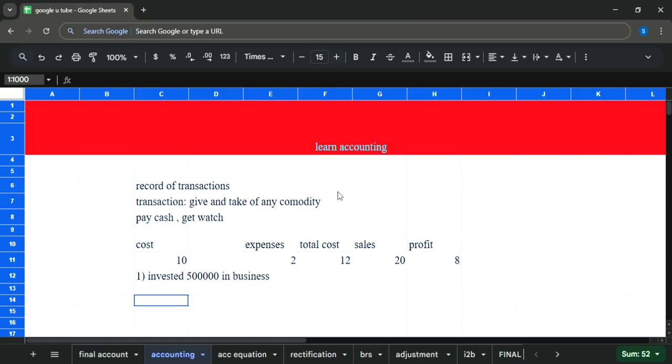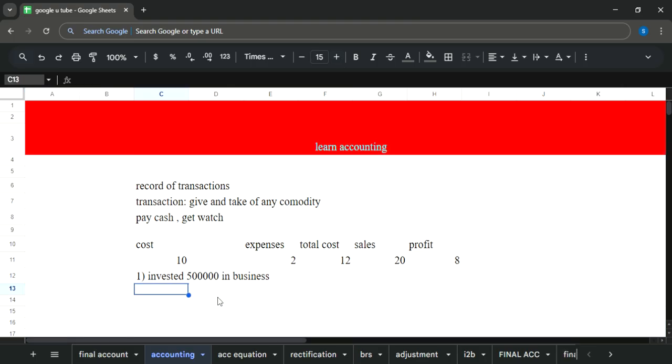Alright guys, now the first step you have seen, we have invested some amount in our business. With that, what you have done, bought an office building.